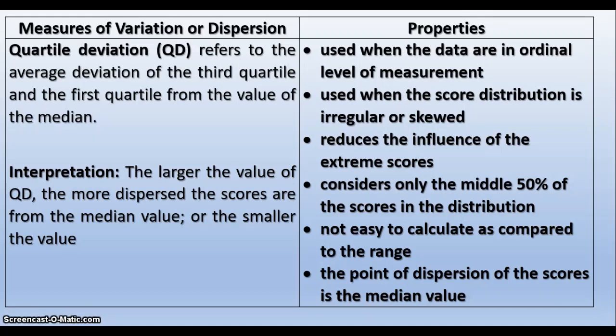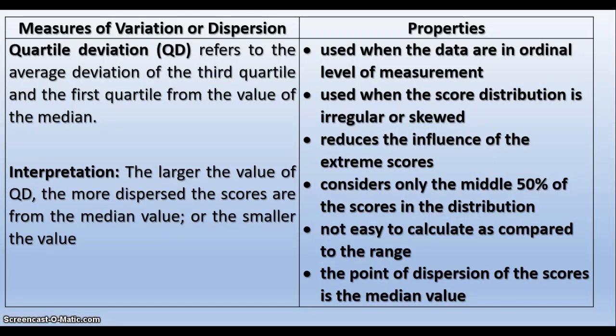It is used when the data are in ordinal level of measurement, same with the interquartile range. It is used when the score distribution is irregular or skewed. It reduces the influence of the extreme scores, considers only the middle 50% of the scores in the distribution, is not easy to calculate as compared to the range, and the point of dispersion of the scores is the median value.